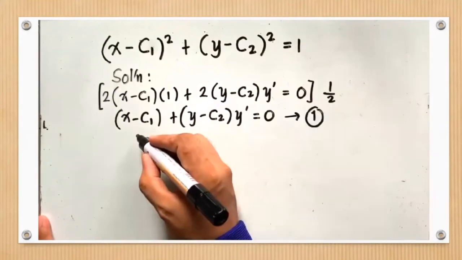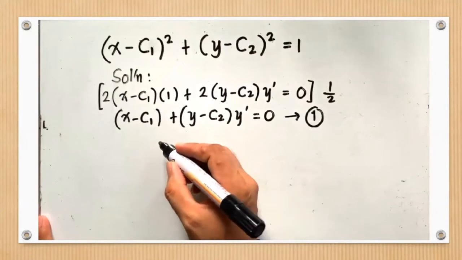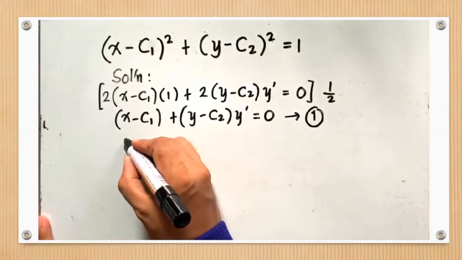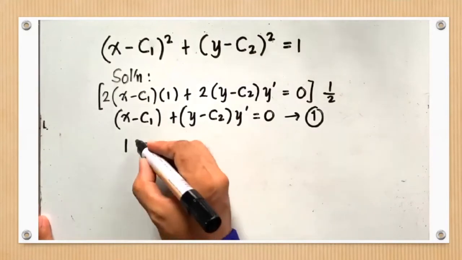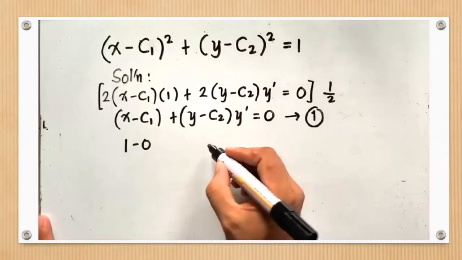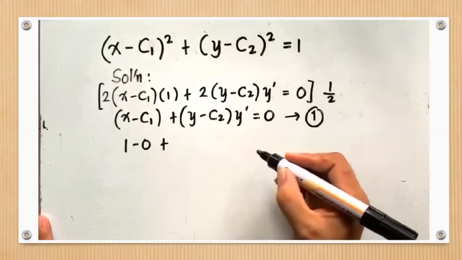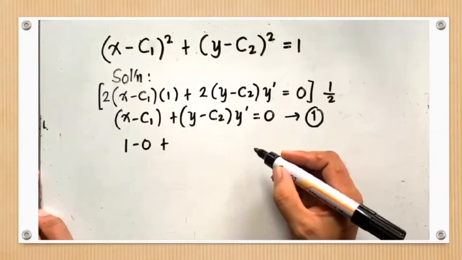So, you need to differentiate again. Yan, for the second and final time. So, you have derivative ni x is 1, derivative ni c sub 1 is 0, plus yung second term natin, naka-factor yan, di ba? Yung y minus c sub 2 times y prime. So, you can follow the product rule for differentiation. Ano yung product rule? u dv plus v du.